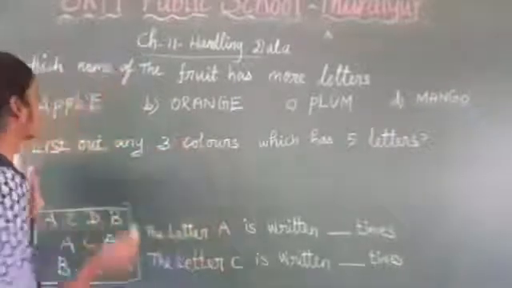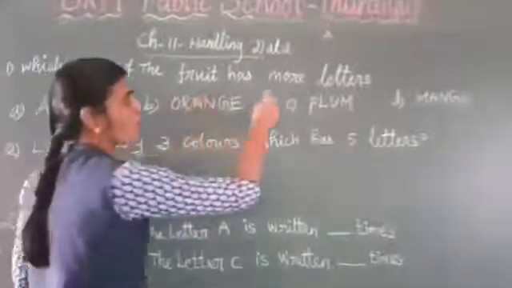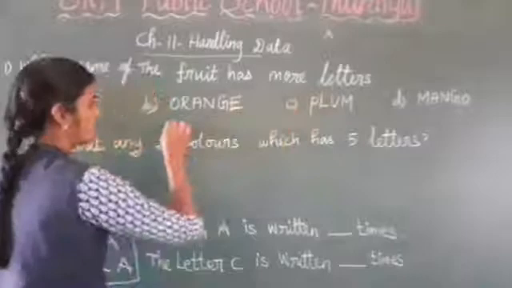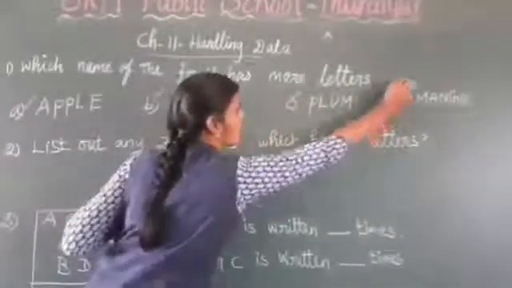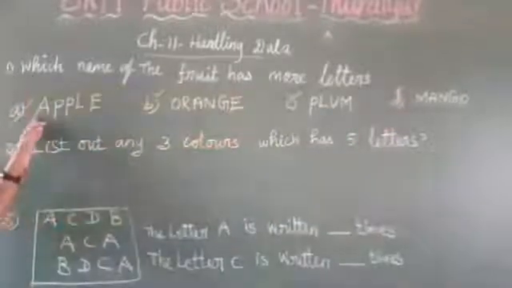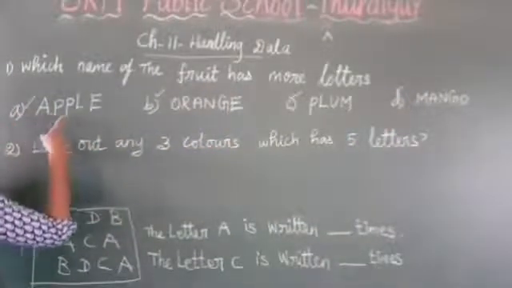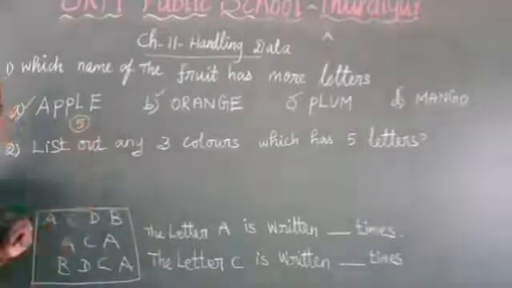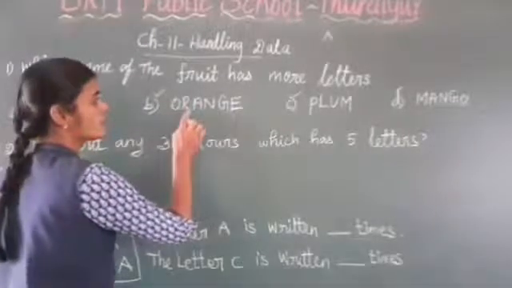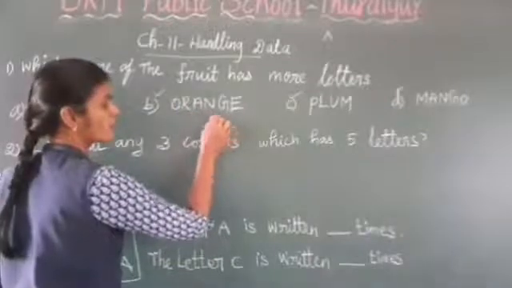So here, which name of the fruit has the most letters? See here, apple, orange, plum and mango. How many letters in apple? 1, 2, 3, 4, 5. So apple has 5 letters. Orange, 1, 2, 3, 4, 5, 6 letters.